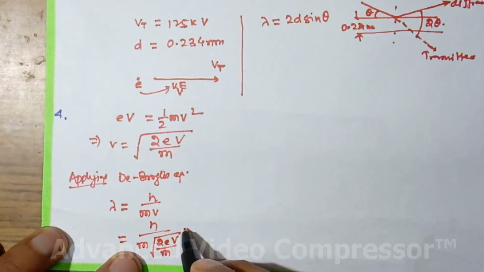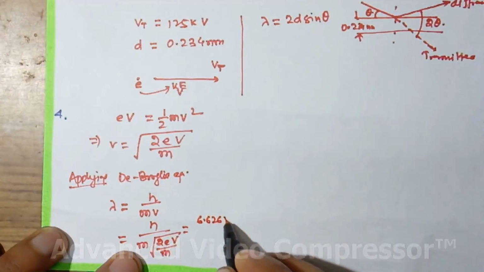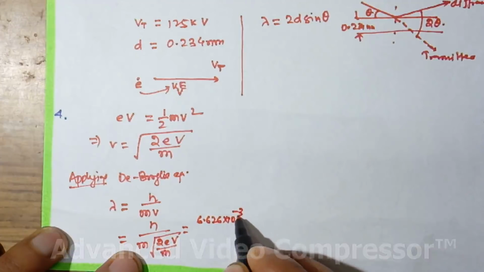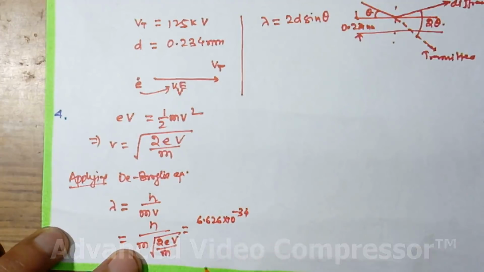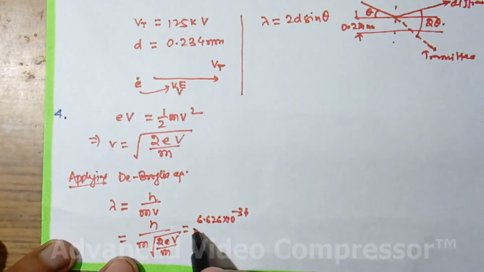So I'll write this in complete form, h is 6.626 into 10 power minus 34. You need to remember these constants, or they may be provided in the question paper itself, so no need to remember too much, but you should be well prepared about this. These are the constants which should be remembered.